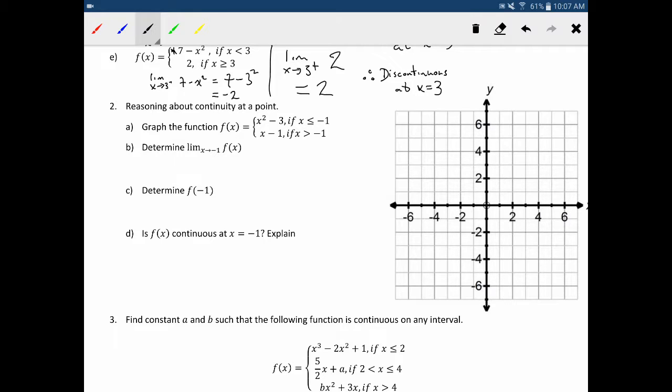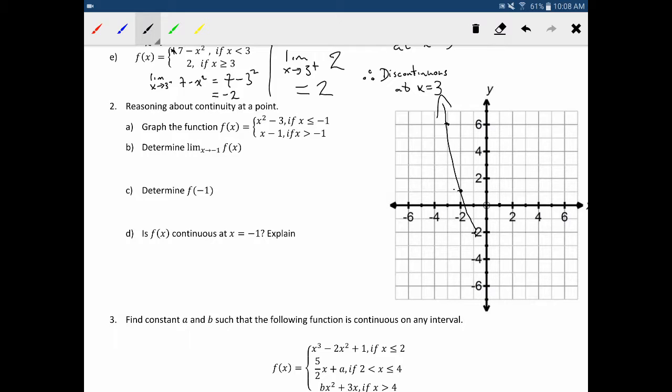You'll have to think back to your grade 10 math, and you'll know that this is going to look like a parabola, with a vertex that's not on the axes. We'll have a point there, and a point there, so it's going to go like that. Then when x is greater than negative 1, it's going to be x minus 1.